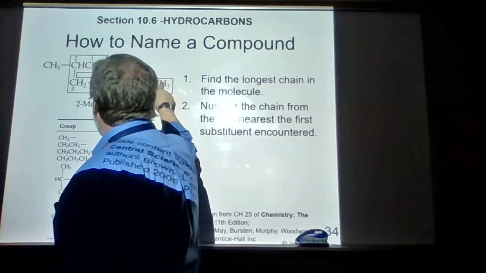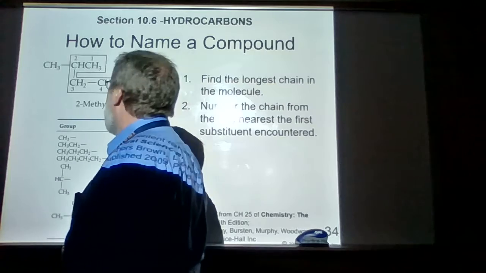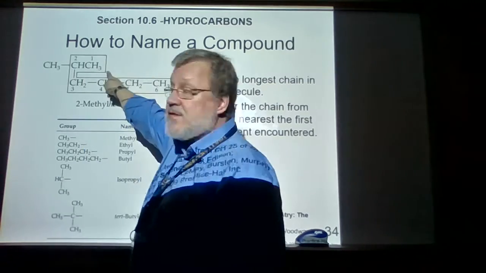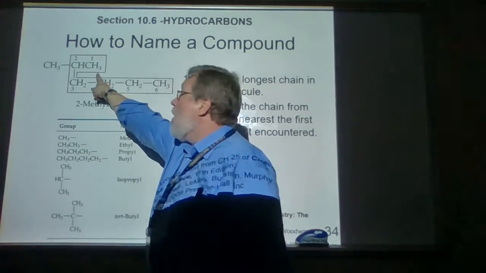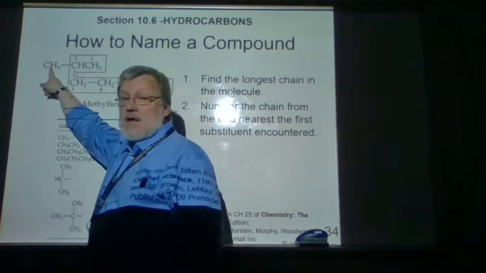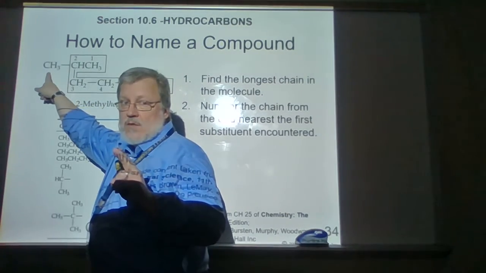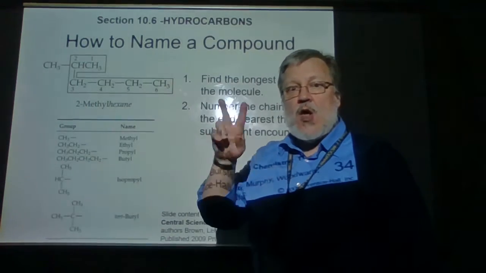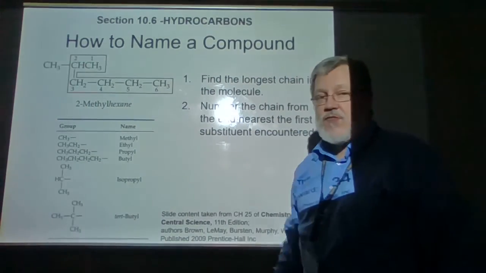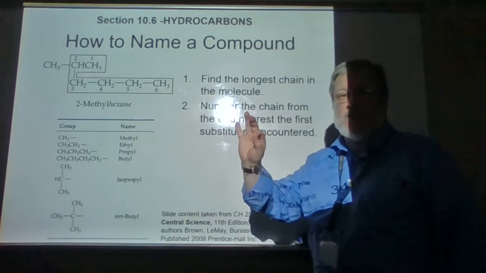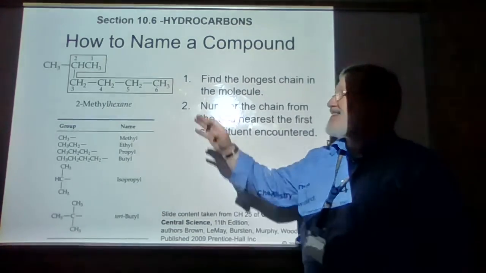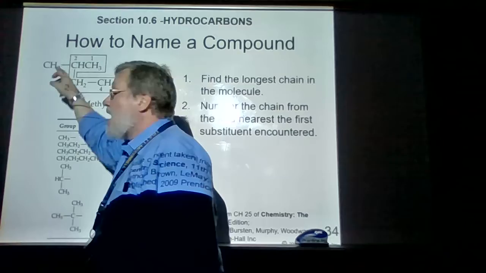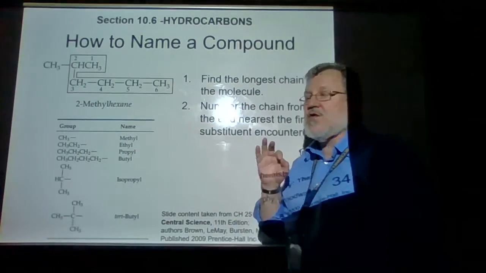If we number from 1 to 6, this is position 5. But if we number from this end first, our piece of spinach is at C2. So 5 versus 2. What's smaller? 2. So you number from that end of your longest continuous unbroken carbon chain such that these pieces of spinach have the lowest numbering sequence possible.